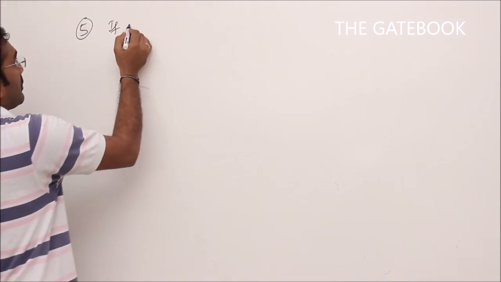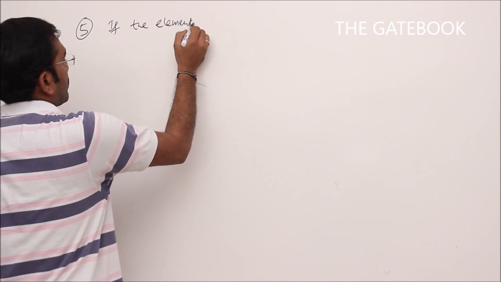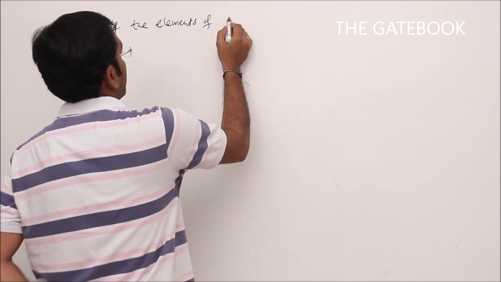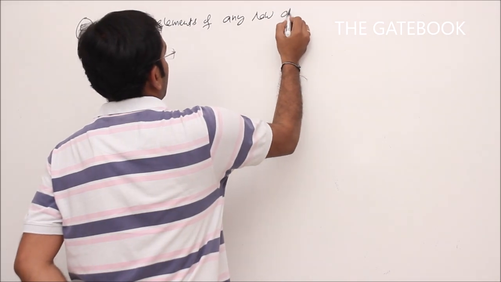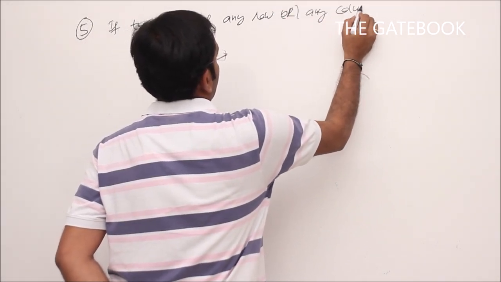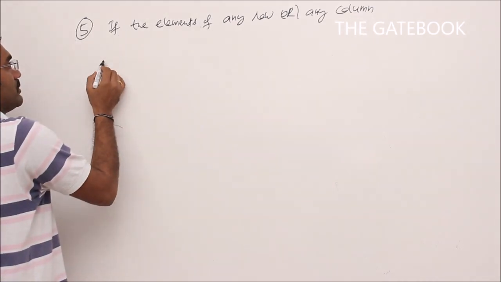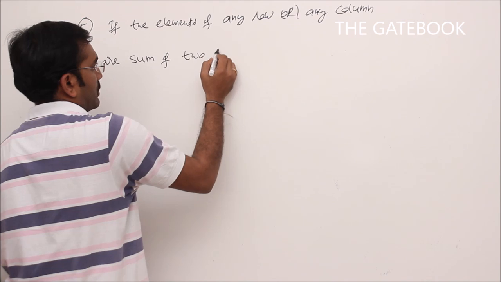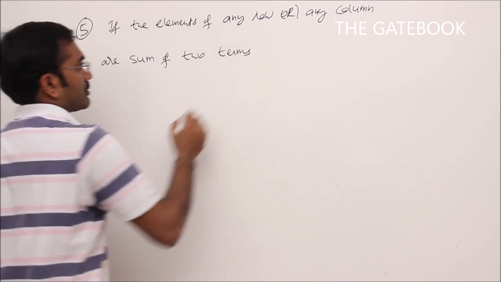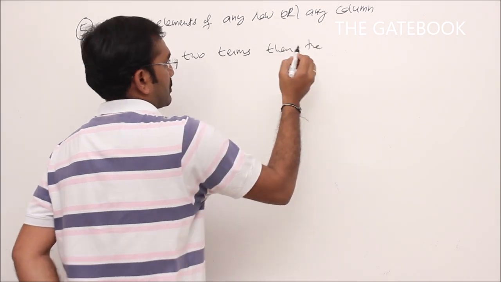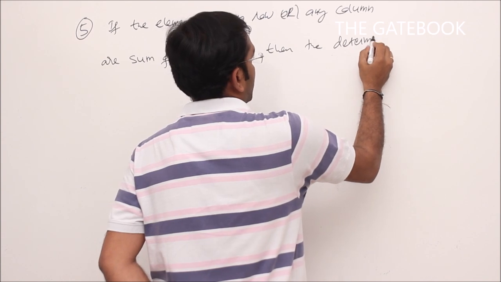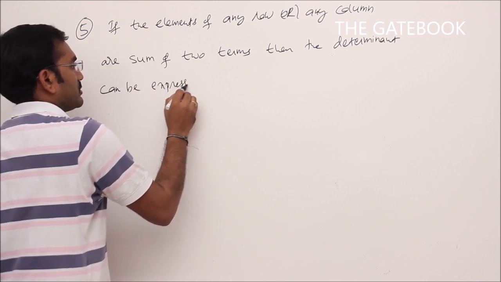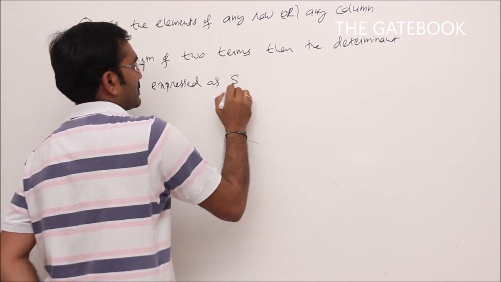Next property, if elements of any row or any column of a determinant are sum of two terms, then the determinant can be expressed as sum of two determinants.